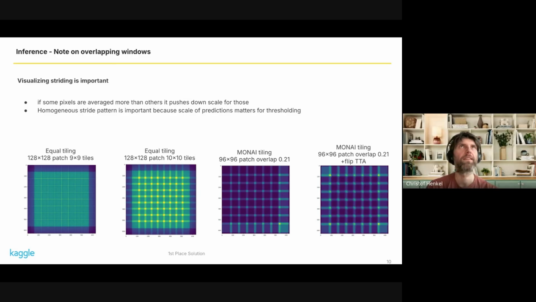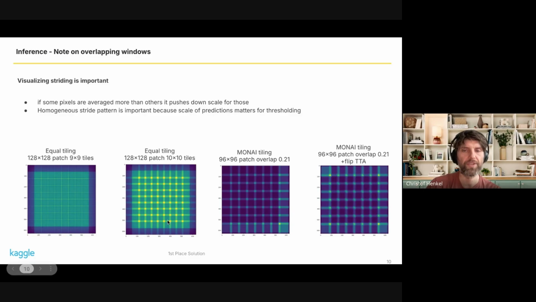It's a bit tricky to explain. So if you do it more homogeneously, something optimal is the image on the left. That's the more or less optimal image. This gives the highest leaderboard score because you get a more homogeneous map of predictions, and those predictions are also on the same scale.